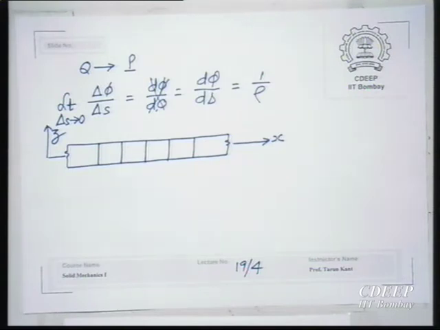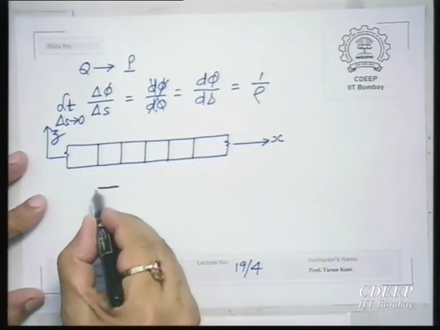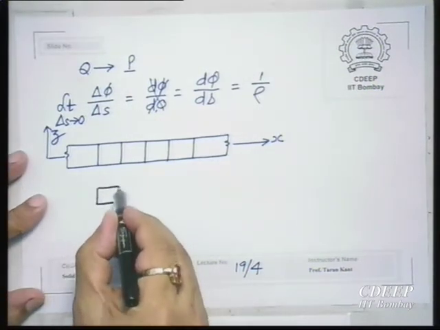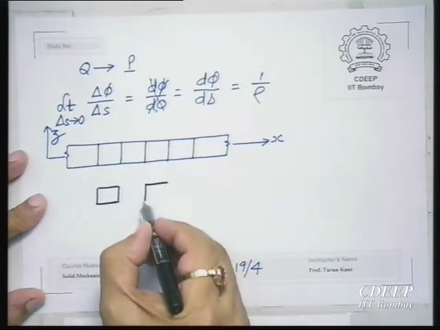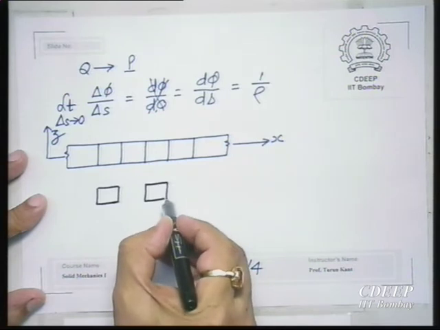So now these elements are all subjected to, just now I told you that if I take this element out and this element also, I am just leaving one element in between to give me some space.